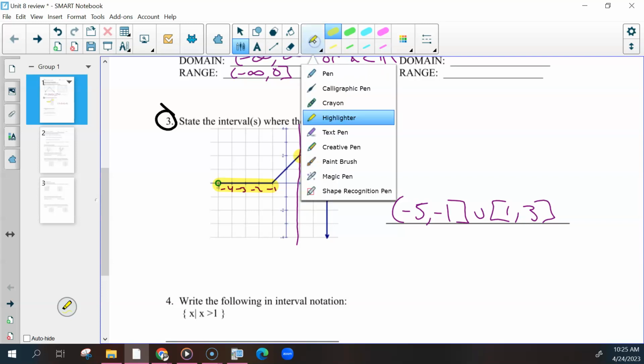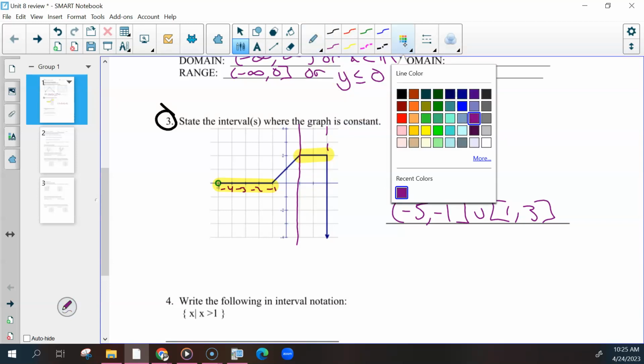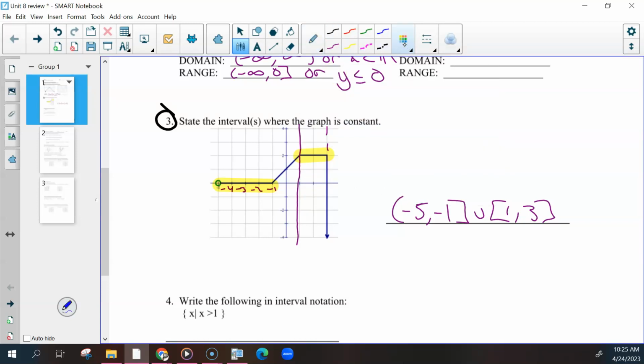It didn't ask this, but just so you remember what this does: if it said, where is this increasing? So as your x values keep moving forward, where are your y values going up? Looking left to right. Or I could say, what is happening in between here? What are your y values doing as your x's go left to right?